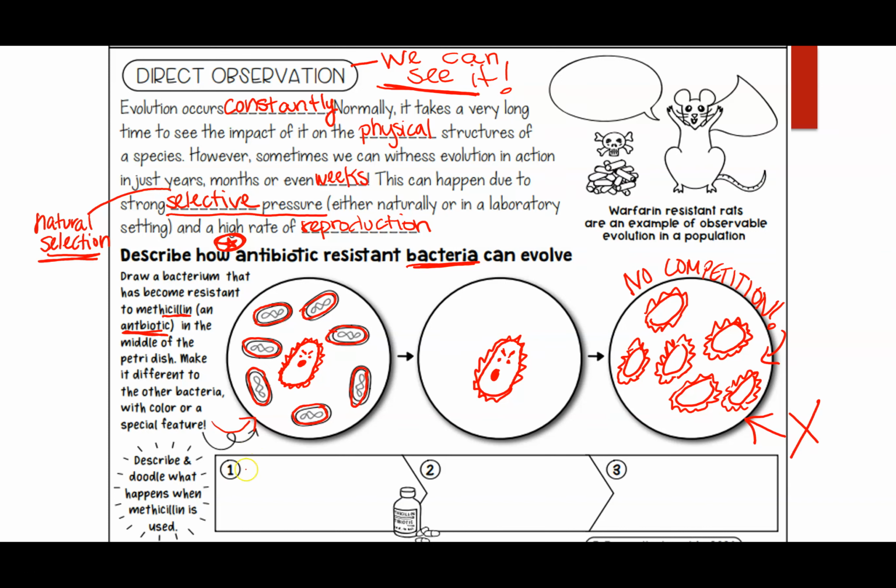Number one, a mutation occurs that gives a bacterium methicillin resistance.